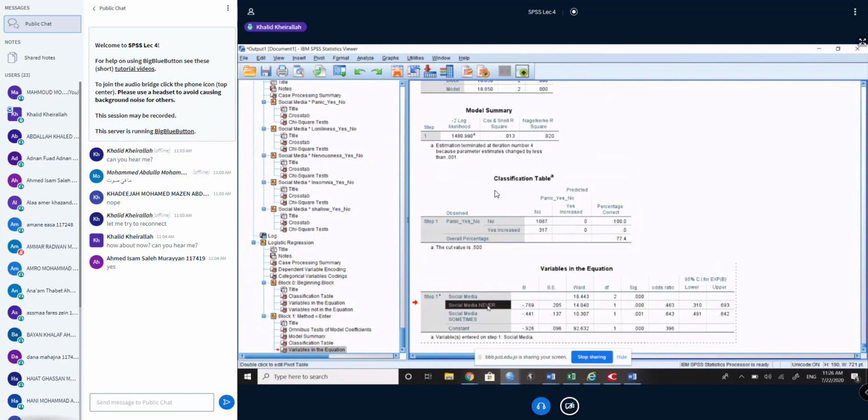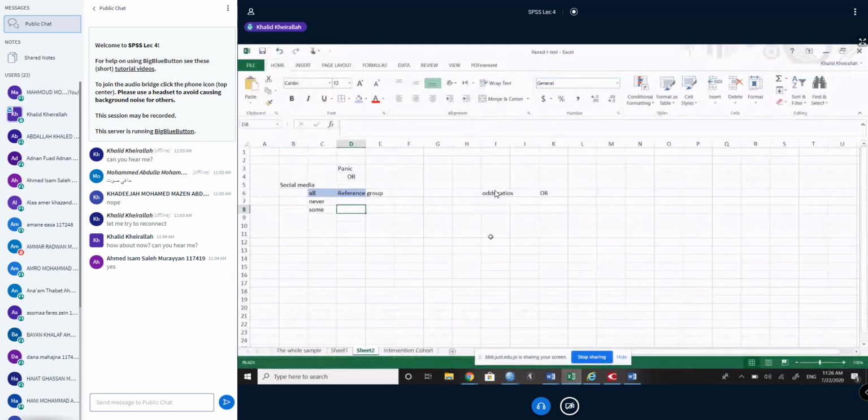Okay, so if you smoke, your risk of developing lung cancer will be 2 times higher than those who do not smoke.